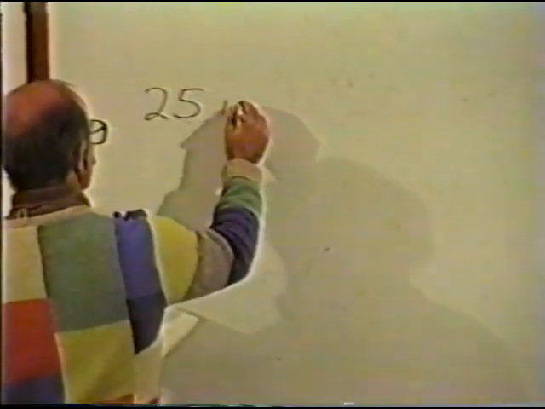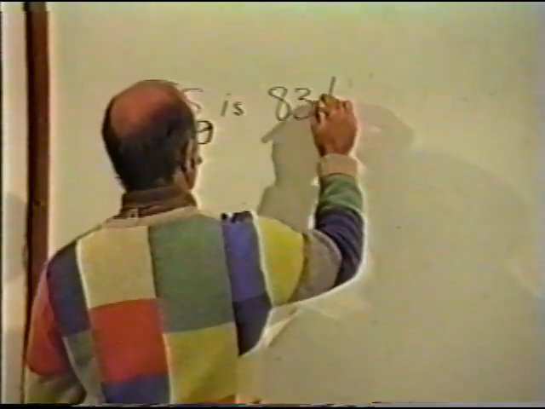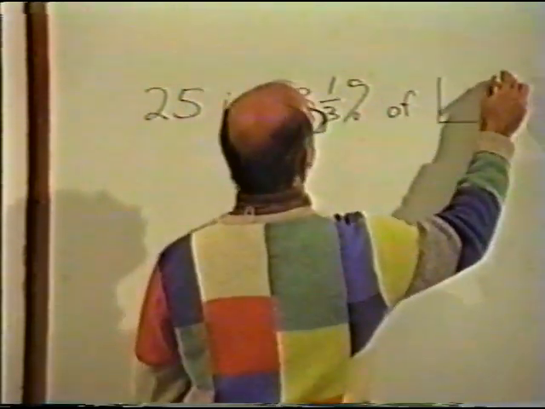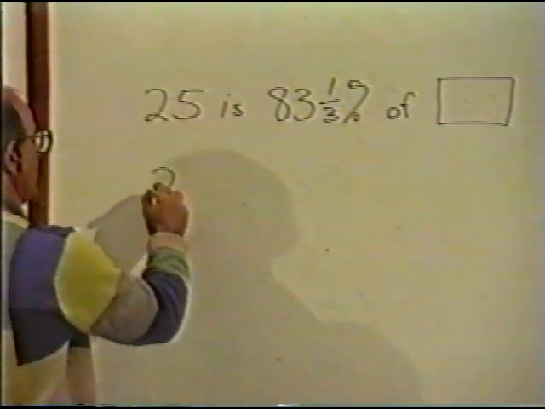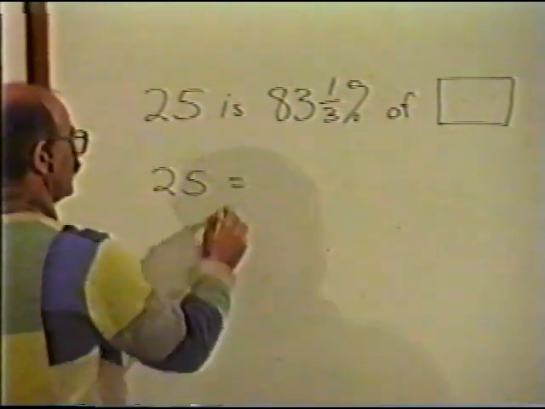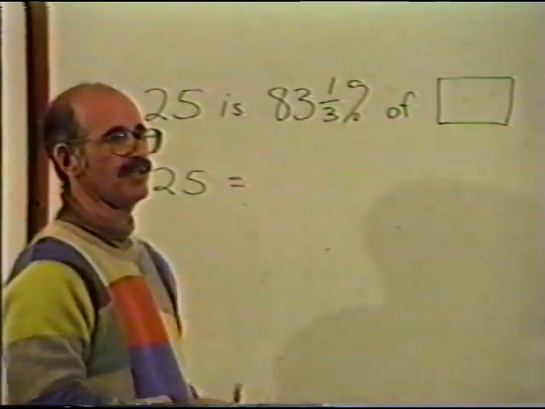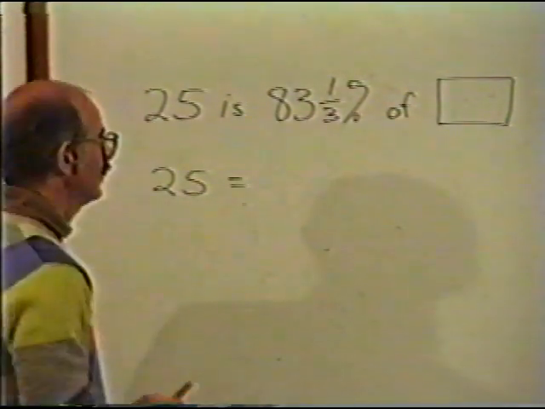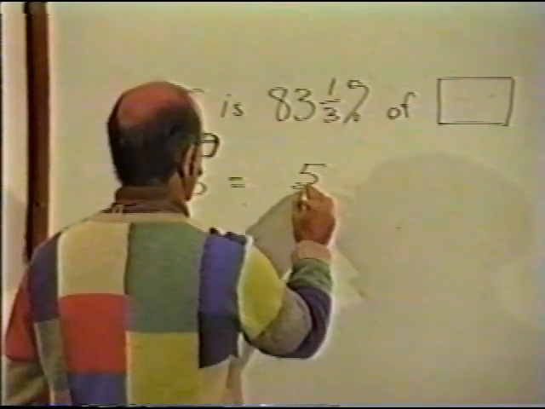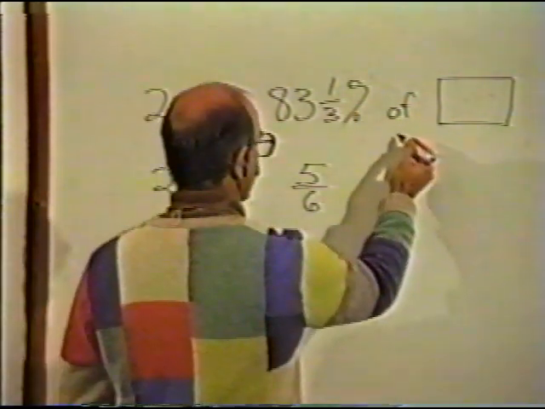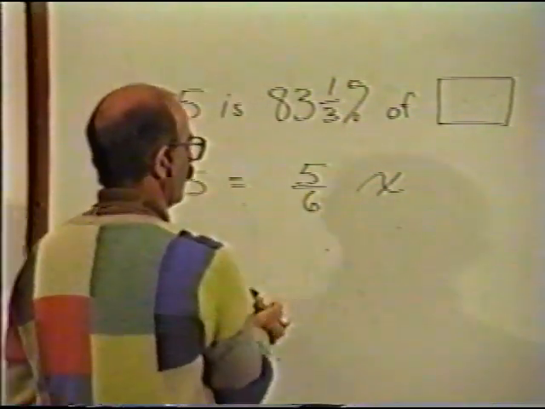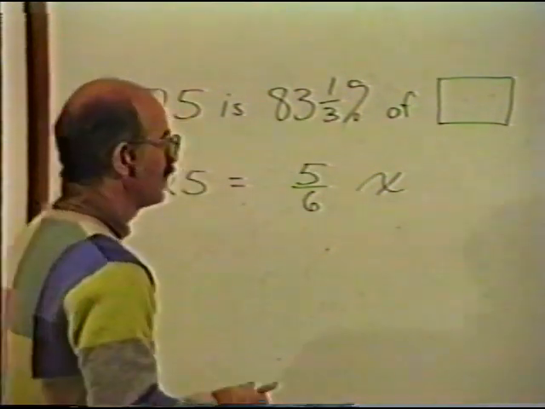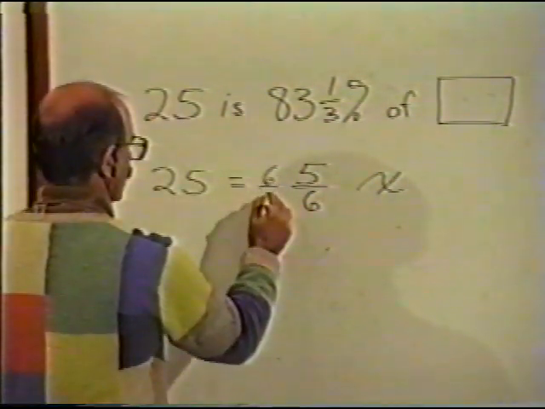$25 is 83 1/3% of what? 25 equals, from what fraction do we get 83 1/3%? 5/6. 5/6 is one of your memory percents, of X. Again, we have a fraction in front of the X. We multiply both sides by the flip-flop, 6/5.